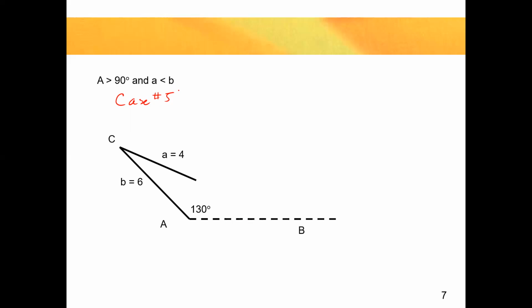No reason for it. I have something that's an obtuse angle now. I have 130 degrees. My opposite side is 4 units. Then my adjacent side is 6 units. Do I even have a triangle at this point? No way. This will never reach the other side. Again, no solution. It's case 5 and sad for the triangle. It didn't happen.